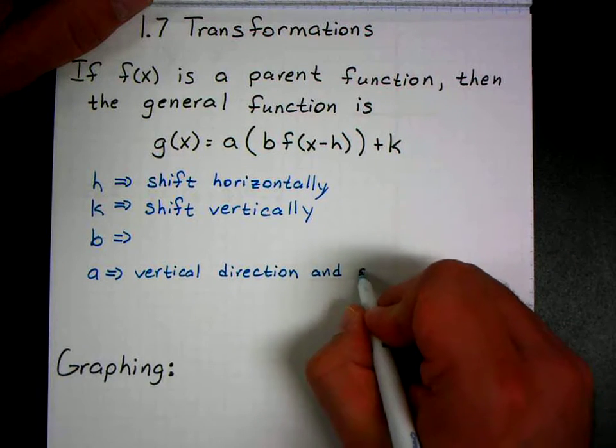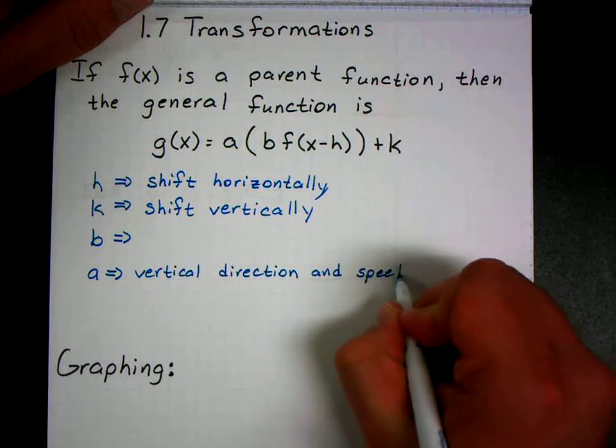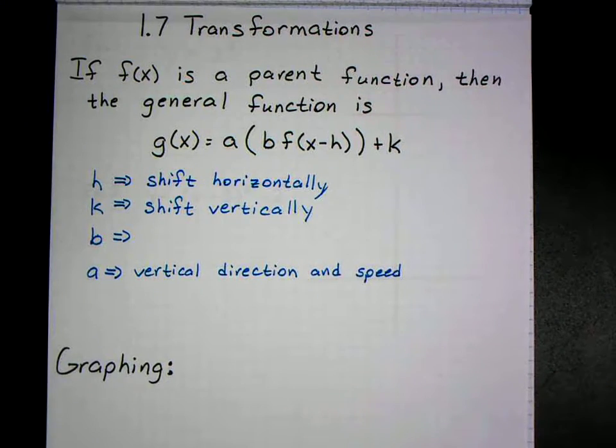Let's do speed. It depicts how quickly you're going up or down. I never liked saying stretch and squish. So the bigger the number, the closer it's going to be? Yep. The bigger the number, the faster your points go up. The smaller the number, the slower they go up, so the more stretched out it looks.